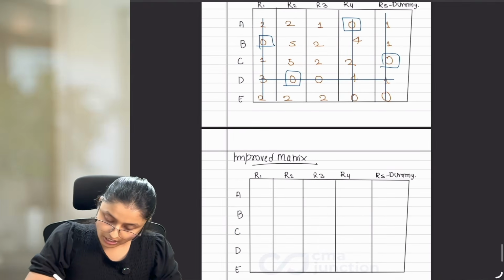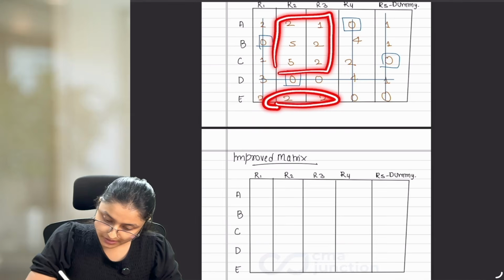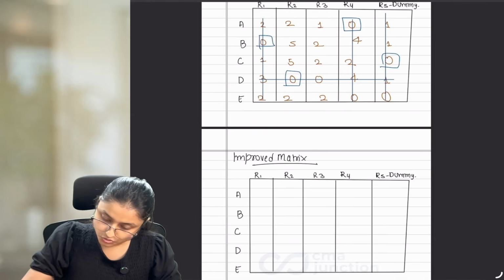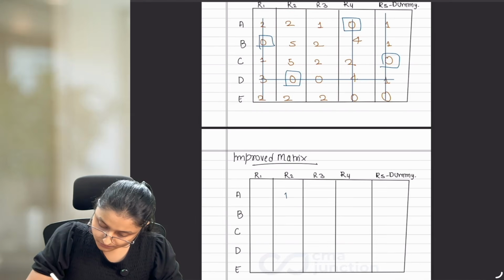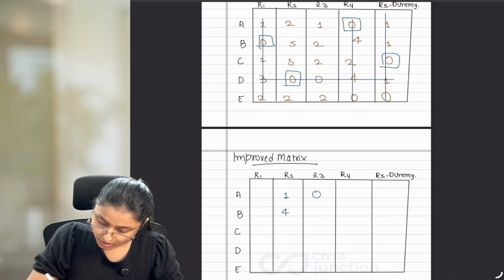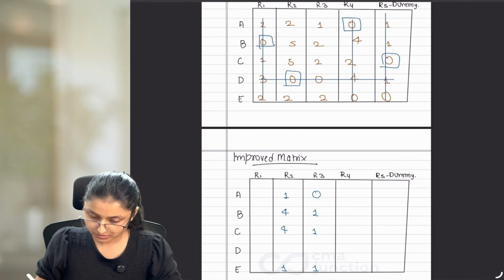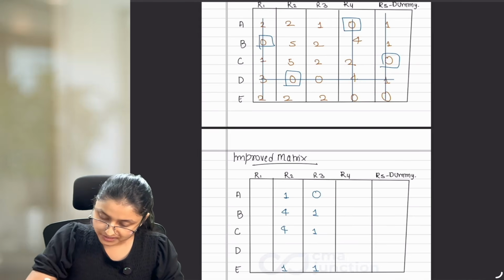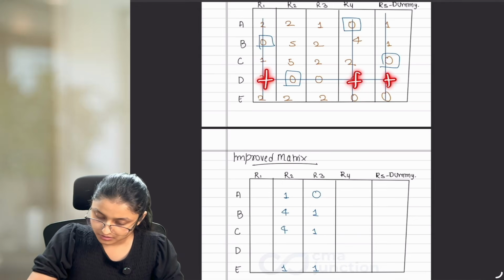Now, out of all the available uncovered values, 1 is the lowest. So 2 minus 1 is 1. 1 minus 1 is 0. 5 minus 1 is 4. 2 minus 1 is 1. 5 minus 1 is 4. 2 minus 1 is 1. Here also 1. Then all the places where intersection is happening, add 1.